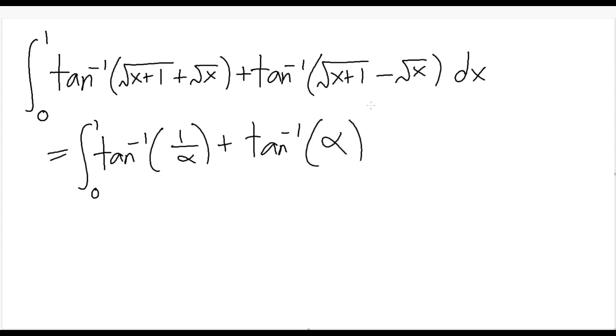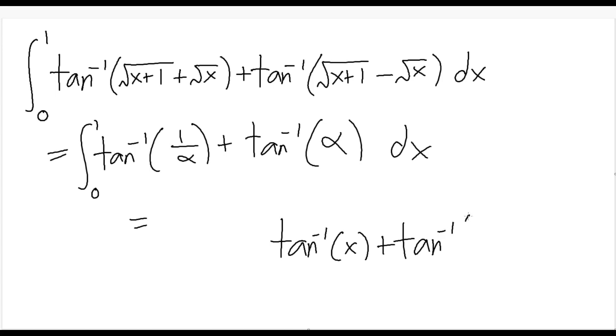No matter what it is, this will always equal pi over 2, because if you remember, inverse tangent of x plus inverse tangent of 1 over x always equals pi over 2.